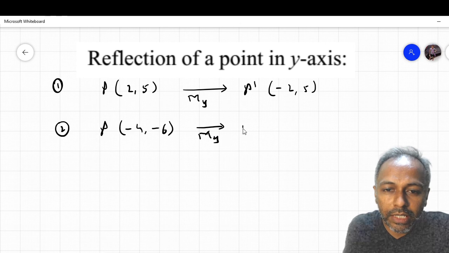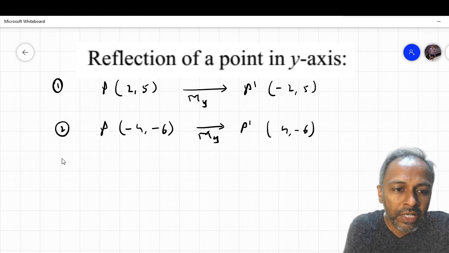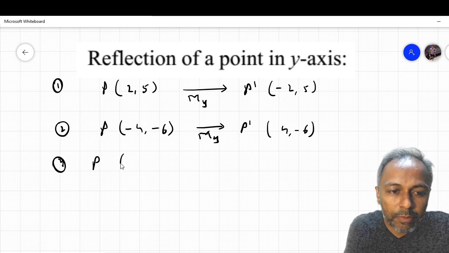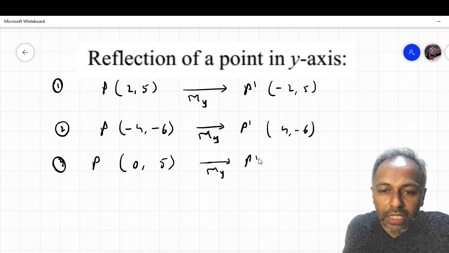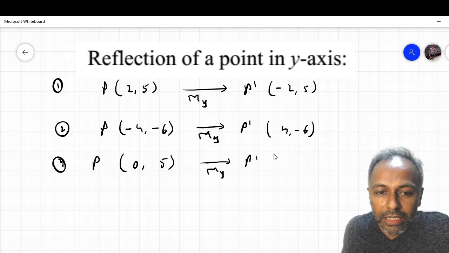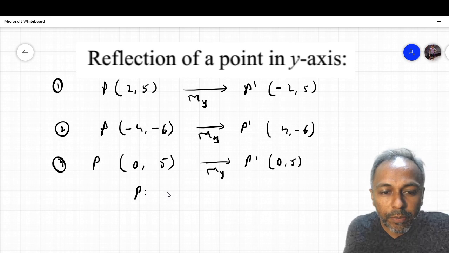Yes, you can now think and tell. The answer will become (4, -6). Let's take one more. Say point P's coordinate is (0, 5). Then when you mirror it about the y-axis, it will stay there only. There is nowhere to go because it is on the y-axis. So the answer remains the same. Therefore, in this case, point P is called invariant.